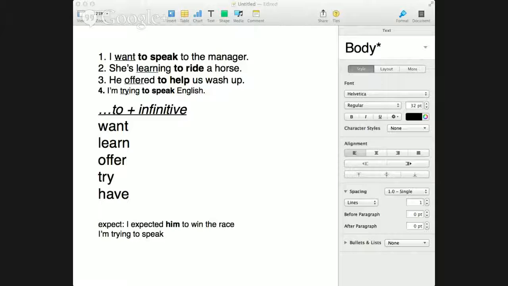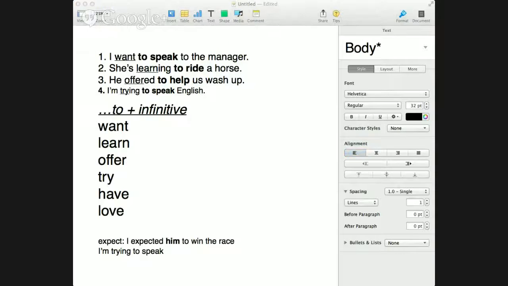Okay, so love actually can be both, and we're going to leave that to one side for the moment because I just want to focus on ones that we only really use in infinitive by themselves, okay? So that's a good one. Yes, you can say I love to do something. Yep, love actually can be both. So I'll put it here because yes, I love to eat chocolate on Saturdays.